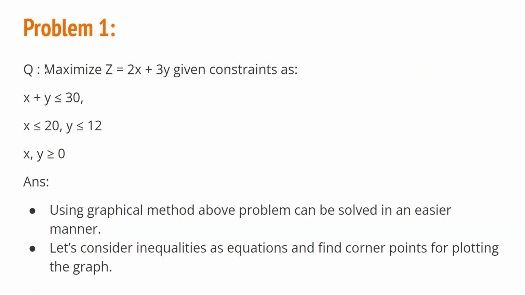So here our problem is to maximize the objective function, that is v equal to 2x plus 3y, under the given constraints: x plus y less than or equal to 30, x less than or equal to 20, y less than or equal to 12, and the non-negative constraints, x and y greater than or equal to 0.